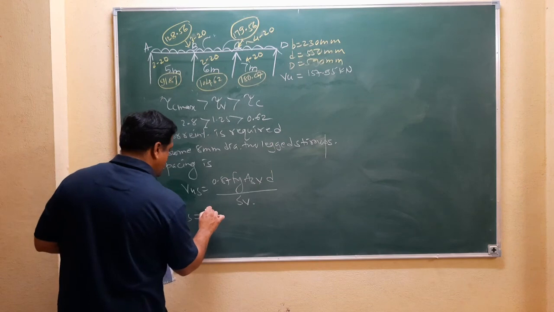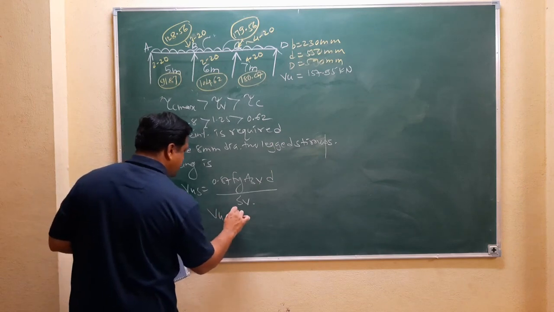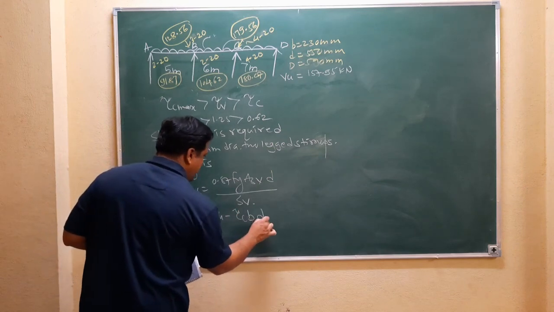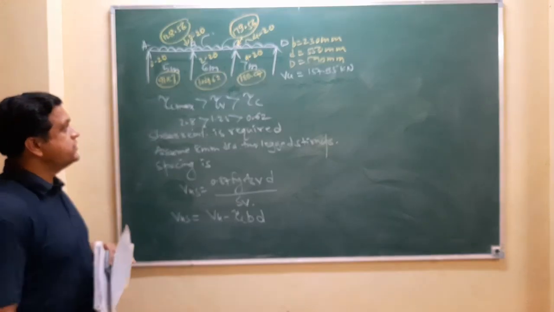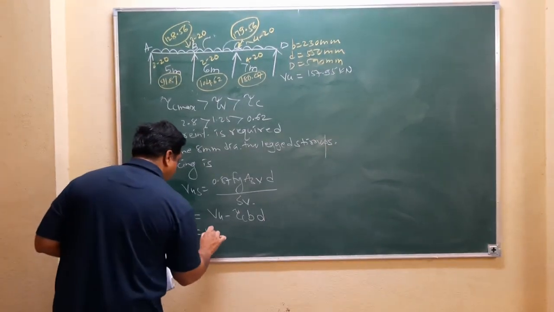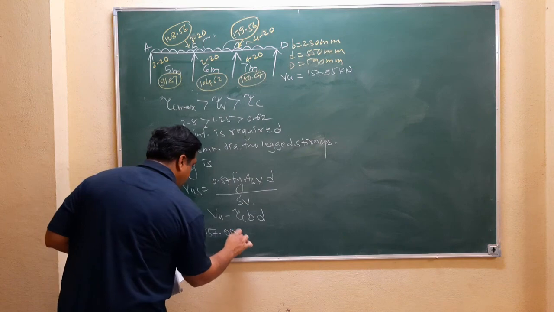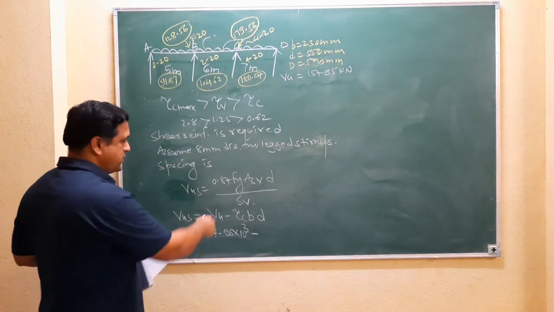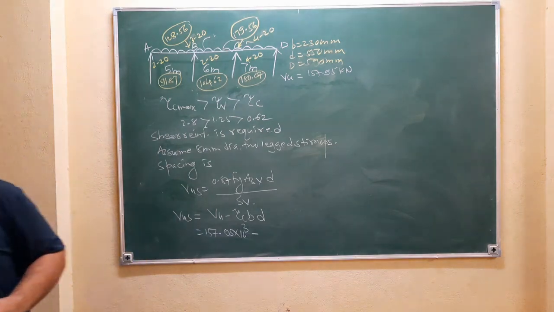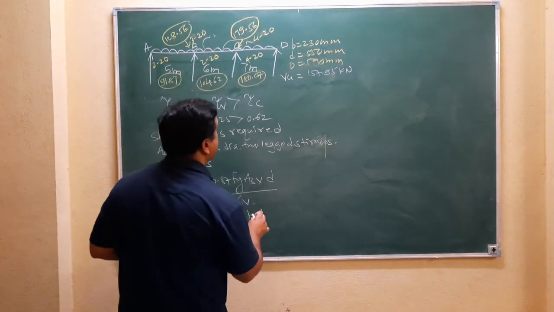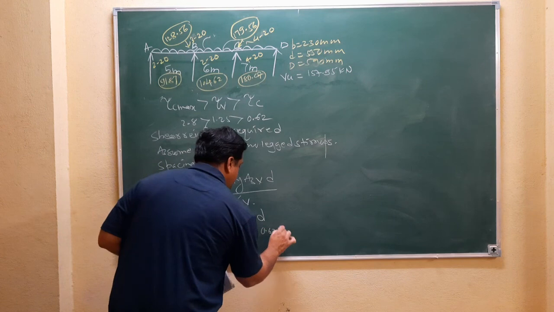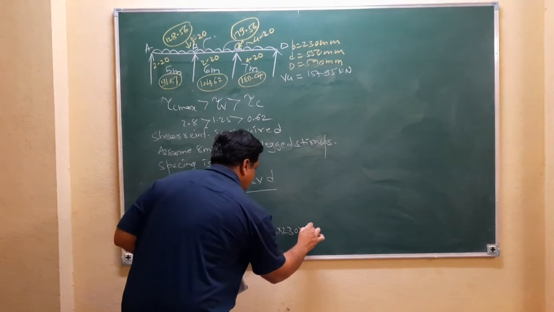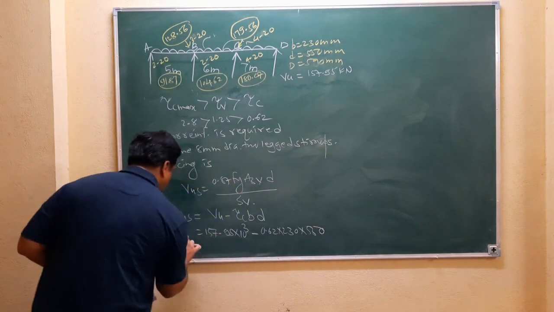It is nothing but maximum shear force minus shear force taken by concrete. The maximum shear force is 157.95 into 10 raised to 3. Shear force taken by concrete is tau c b d. Tau c is 0.62, width is 230, depth is 550.